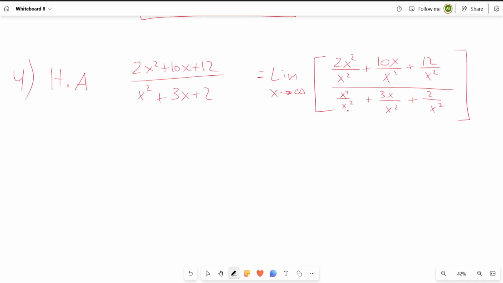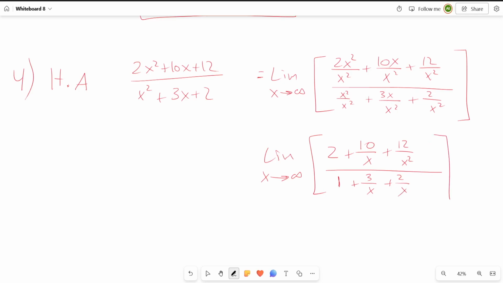Let me think what each term is going to be. The limit as x approaches infinity of 2x squared over x squared is basically 2, plus 10x over x squared is basically 10 over x, because one of the x's is going to cancel. This one is just 12 over x squared, nothing I can do here. x squared over x squared is 1, plus 3x over x squared is 3 over x, plus 2 over x squared. So this is what I have over here. Now let me apply my limit.